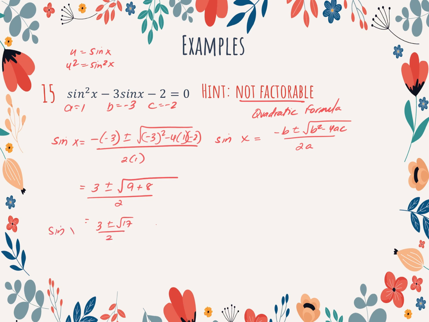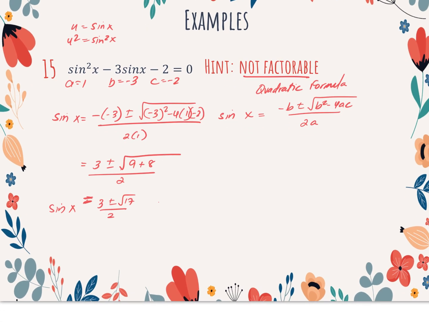So the sine of x, whatever x is, whatever angle that is, or radian rather, is going to be that. So I'm going to break this into two equations. I'm going to do sine of x equals 3 plus radical 17 over 2, and sine of x equals 3 minus radical 17 over 2.